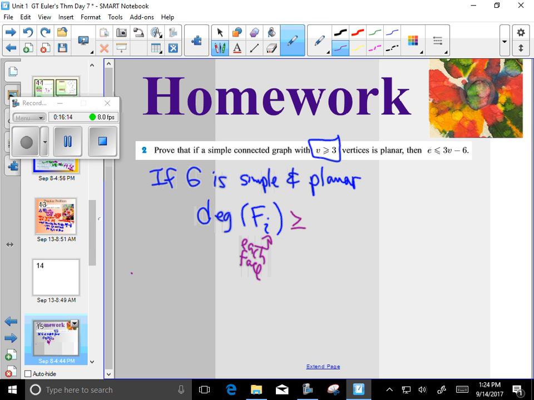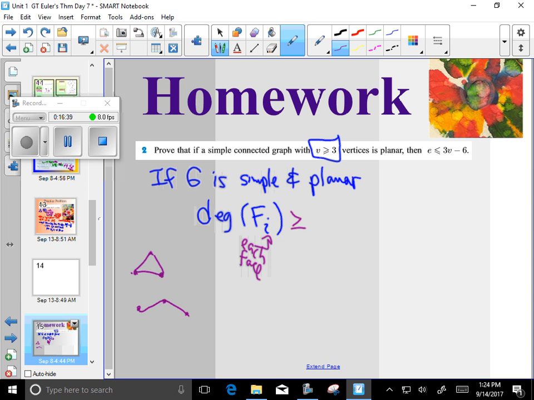Because if you only had 3, how many degrees on that face? 3, right? What if they weren't connected like this? How many degrees on that face? 6 for that one. But you see where I'm coming from for at least 3 or more?